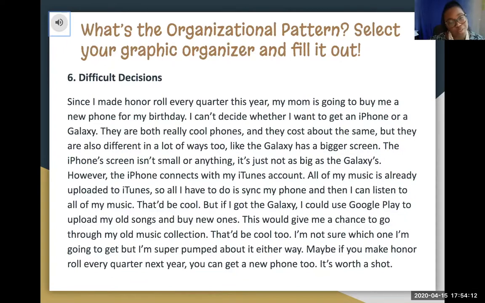Have you figured out which organizational pattern it is yet? Take a moment. Don't rush. That was actually the last one.